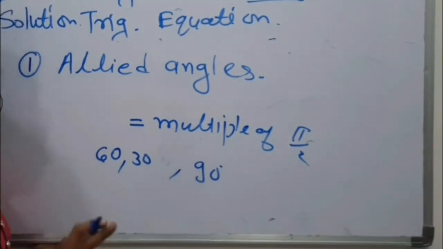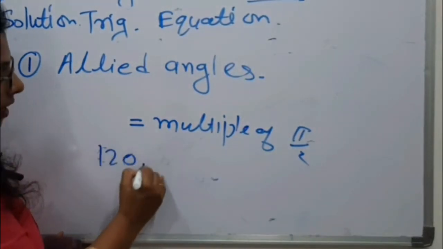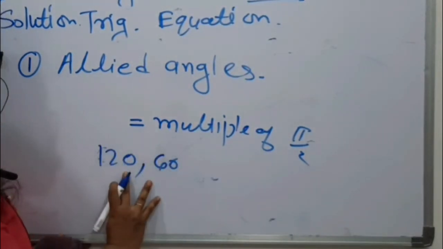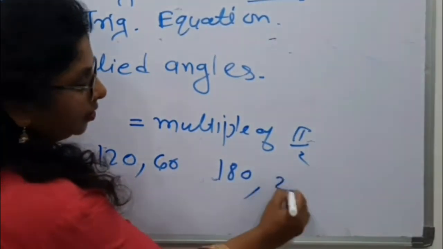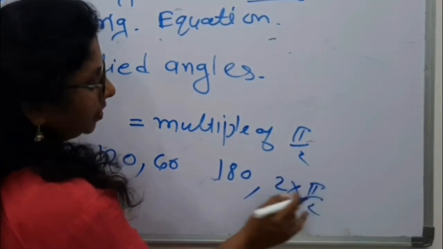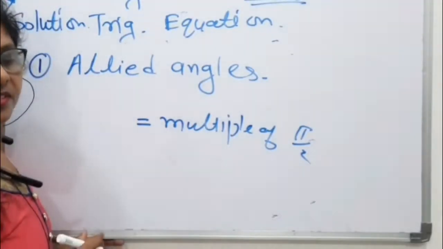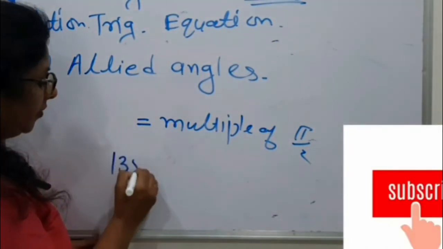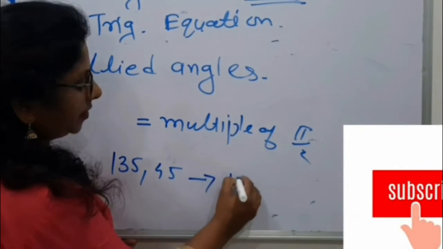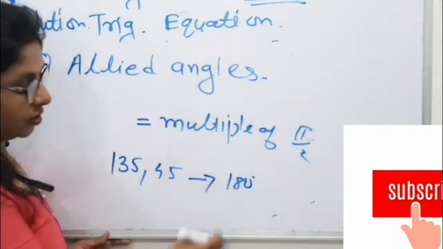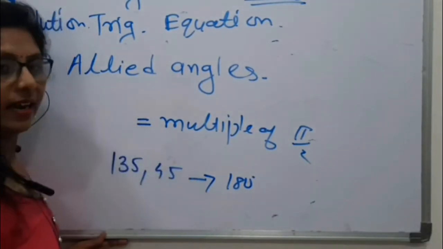Therefore these are allied angles of each other. Or you may say 120 and 60, the sum of these two is 180, which is a multiple of 90. Okay, 2 into pi by 2 is pi. Some more examples of allied angles: 135 and 45. The sum of these two angles is 180, which is a multiple of 90. Therefore these two angles are allied angles.